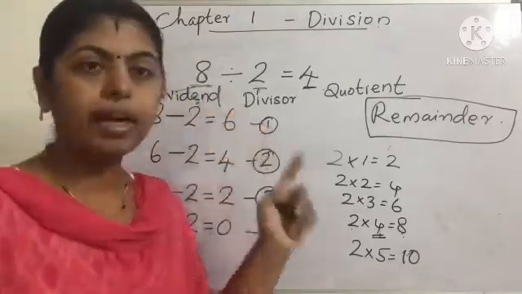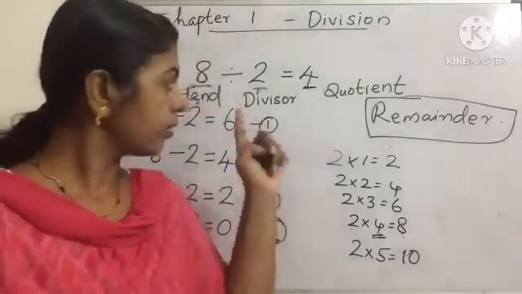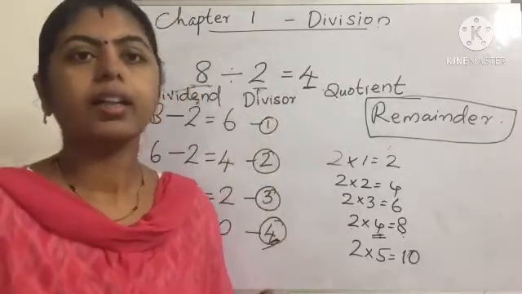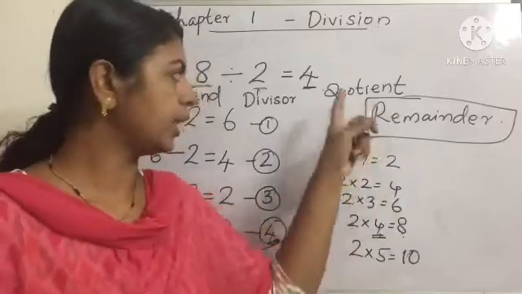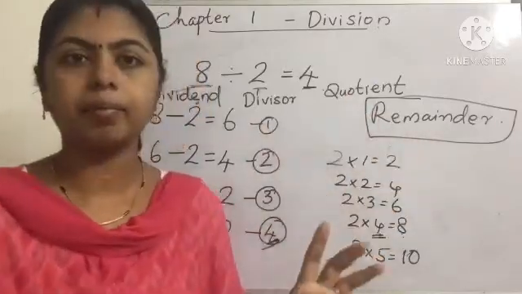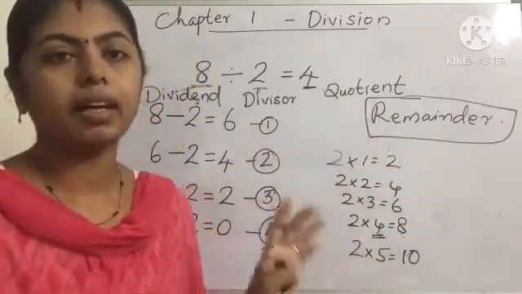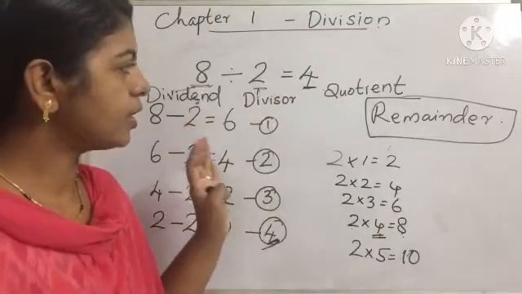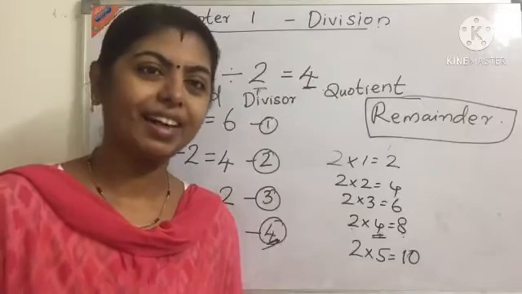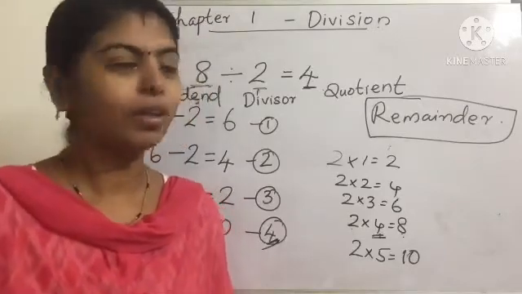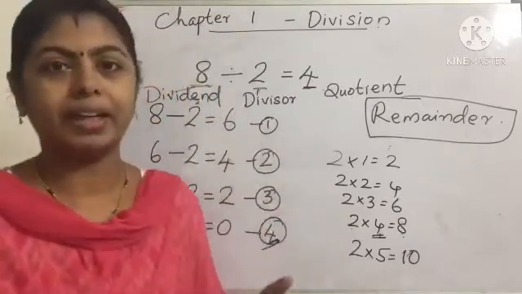Divisor, D-I-V-I-S-O-R. Quotient, Q-U-O-T-I-E-N-T. Remainder, R-E-M-A-I-N-D-E-R. These are 4 words you should study. You can write all these words 5 times on the backside of the notebook.